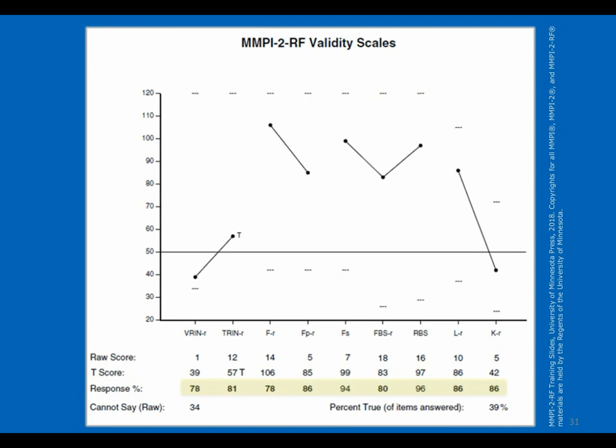And we see that this is the case for several of the validity scales, including VRIN, TRIN, F, FP, FBS, L, and K. All of these are less than 90% response rate. And the question is then, are we able to interpret any other validity scale other than cannot say at this point? And if so, which ones?